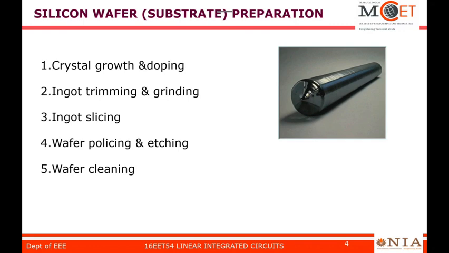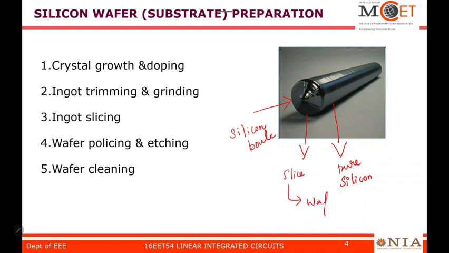Okay, so this is what we call a silicon boule. This is pure silicon. This one has been trimmed and ground. Then we have to slice this. Ingot slicing. Then we can get a wafer.